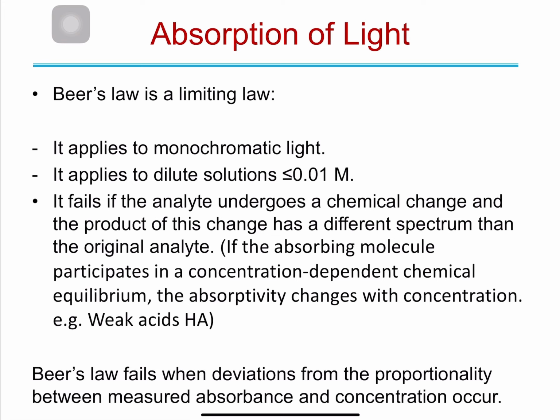However, it has a very wide application in analytical chemistry, but it's still a very limiting law. It's limiting because it only applies to monochromatic light, so you can't use it with polychromatic light. So you have to do all the measurements at a certain wavelength.